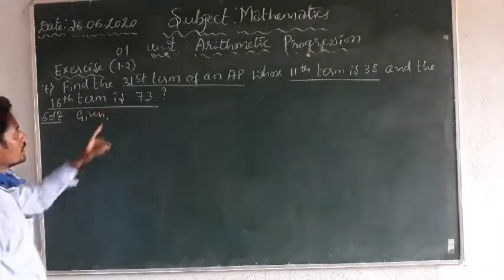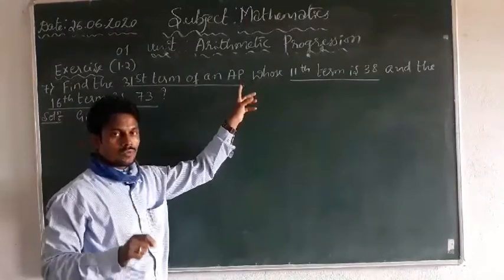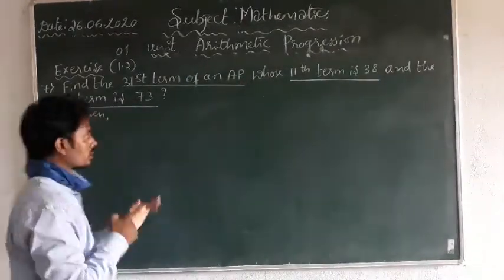Before finding the 31st term of an arithmetic progression, we have to find the first term and the common difference.